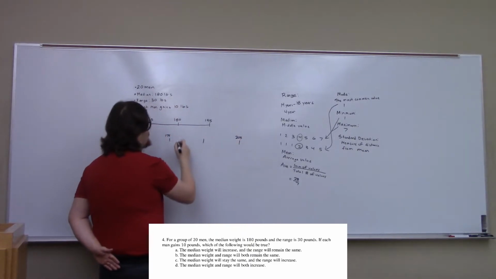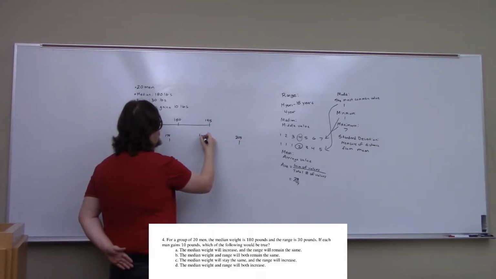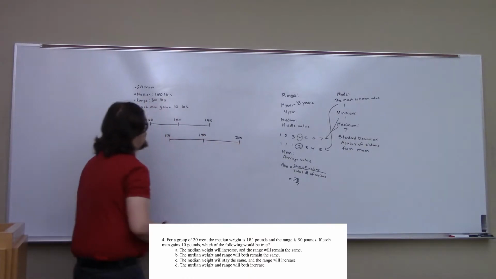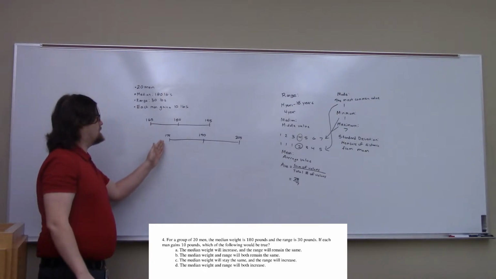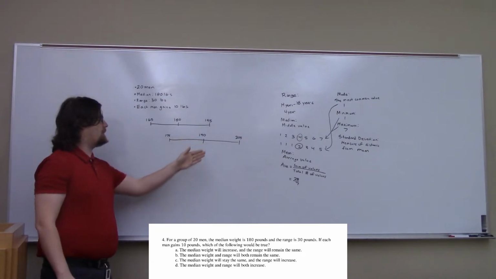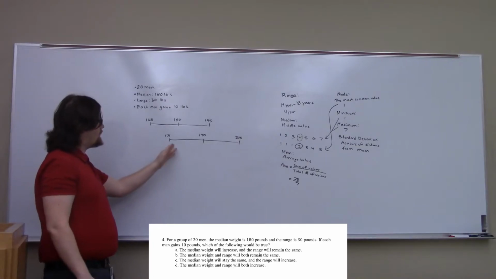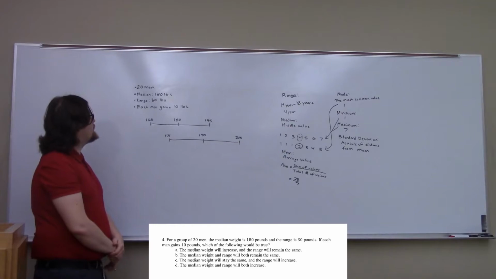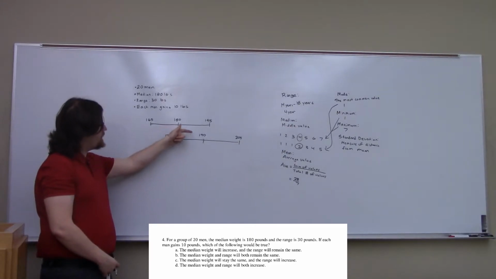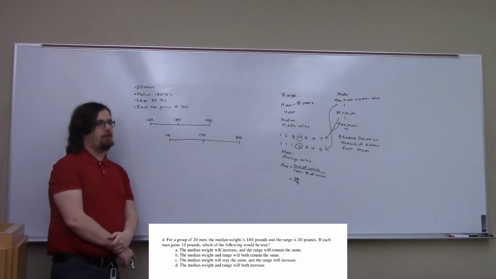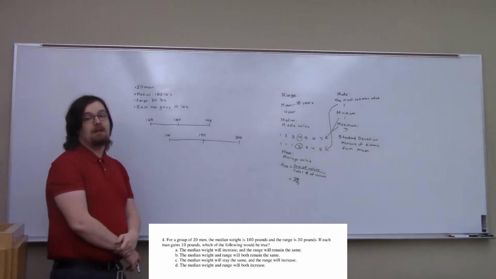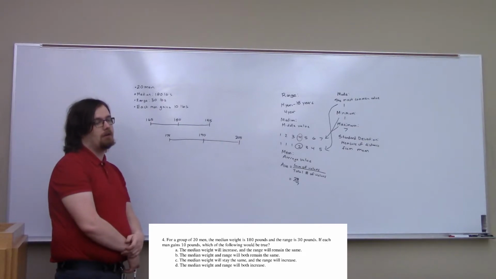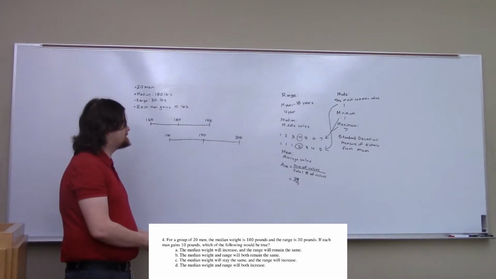And then we move 180 to 190. And we'll see that even though each number has increased by 10, the range here still remains 30. We can also see that the median here has shifted to the right. So if we look at our answer choices, we can see that our median has increased, our range has stayed the same, so that will be answer choice A.